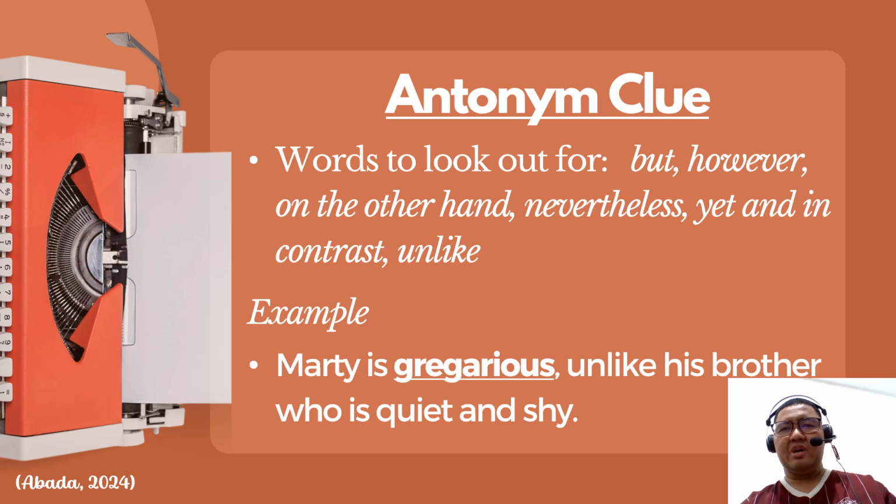If Marty's brother is quiet and shy, and there is the presence of the word unlike, what is the opposite of quiet and shy? That is gregarious. So gregarious means loud, perhaps happy, outgoing. Marty is an outgoing, loud, happy, talkative, noisy person, the opposite of quiet and shy.